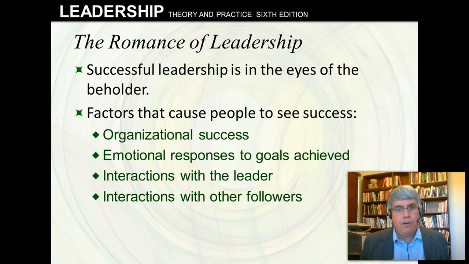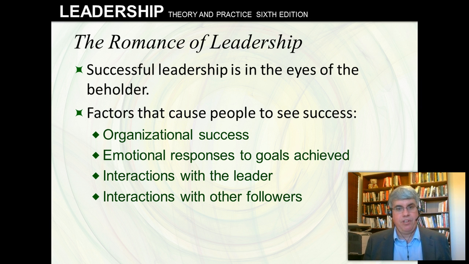There's also the emotional responses to the goals that are achieved. We can find out that this wonderful leader has actually been doing really bad things, things that we evaluate negatively. And when we find out that a leader has been doing things that make us upset, that we believe are wrong, that will cause our view of their leadership to go down, even though he might have been accomplishing other goals that were good.